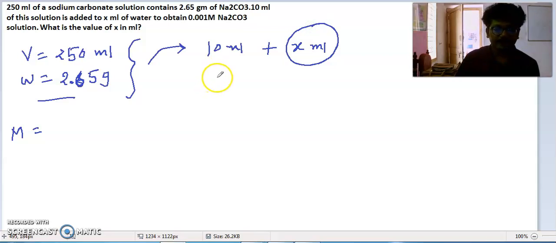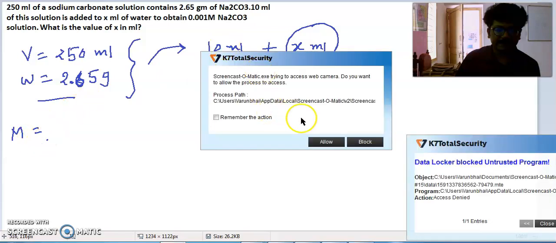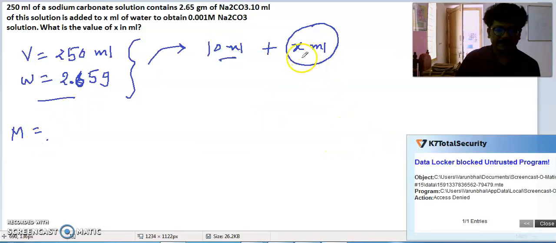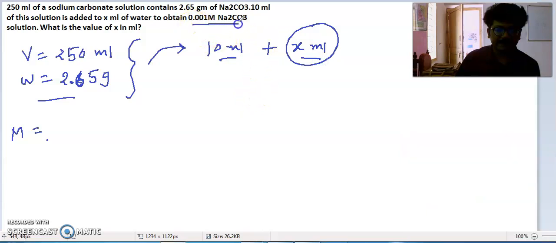You are adding this 10 ml of this molarity solution into x ml of water in such a way that the final molarity of this sodium carbonate is 0.001, and you are asked to find the volume of water.